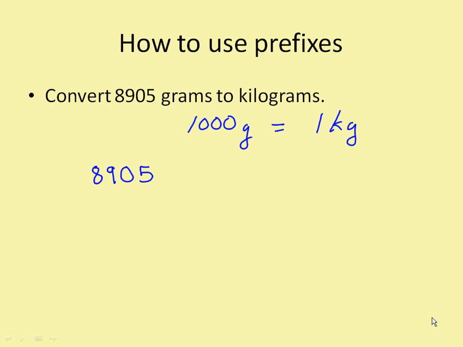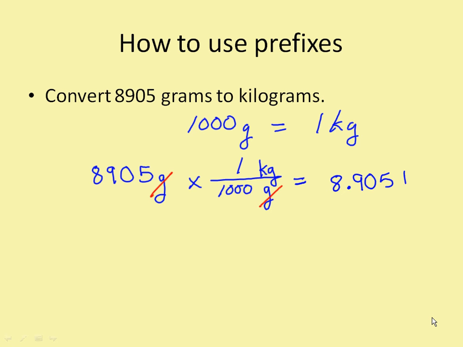I'm going to set up my ratio so that my grams will cancel, my kilograms will be there for me to use, and I have 1,000 grams in 1 kilogram. My grams cancel. This time I'm dividing by 1,000, and I get 8.905 kilograms. Again, you can use your calculator if you absolutely need to, but try to do that in your head.